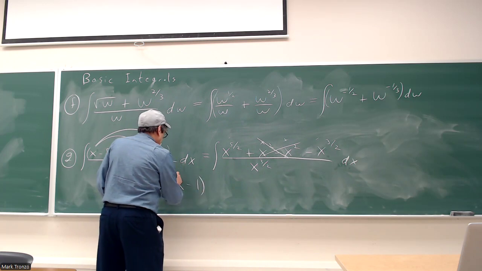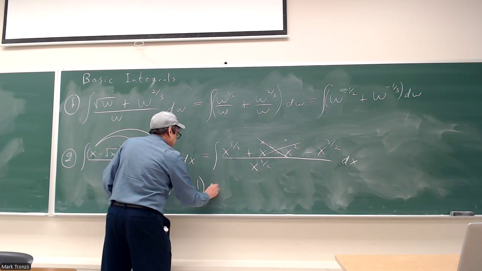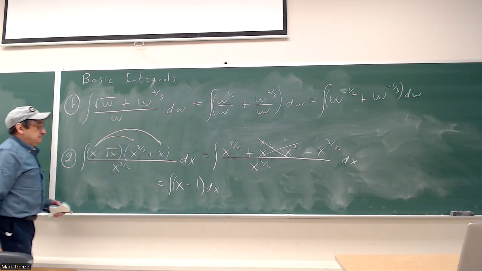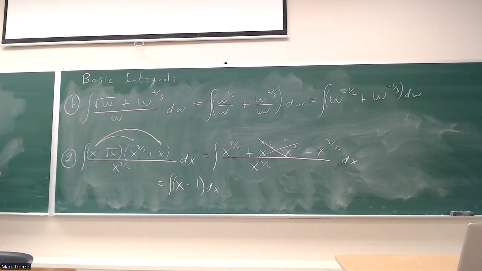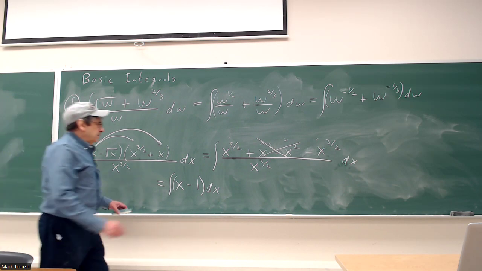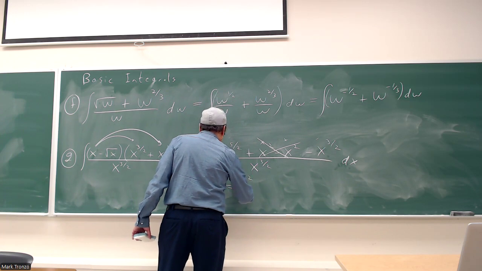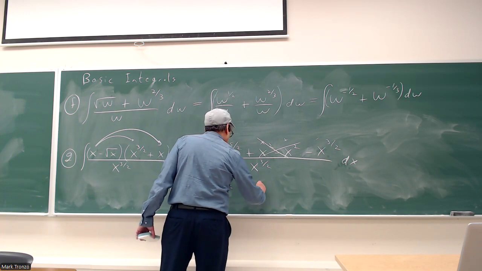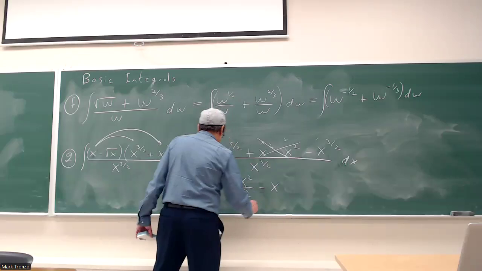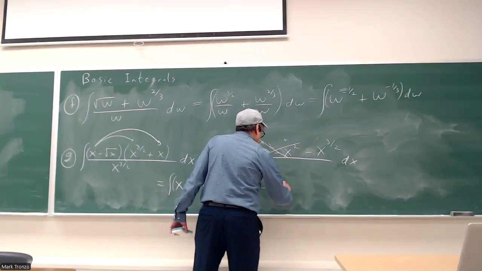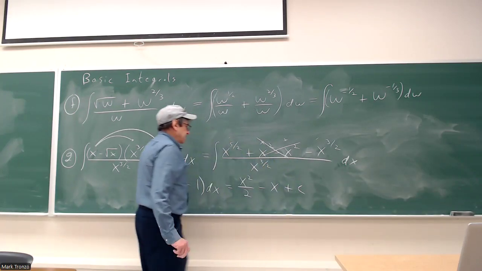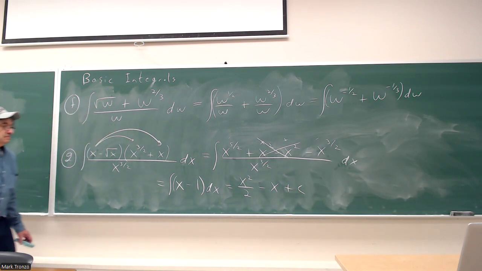That's going to be -1. Now we really simplified the integral quite a bit. And go ahead and integrate this. This will be x squared over 2 minus x plus C, like this. And that's our answer.